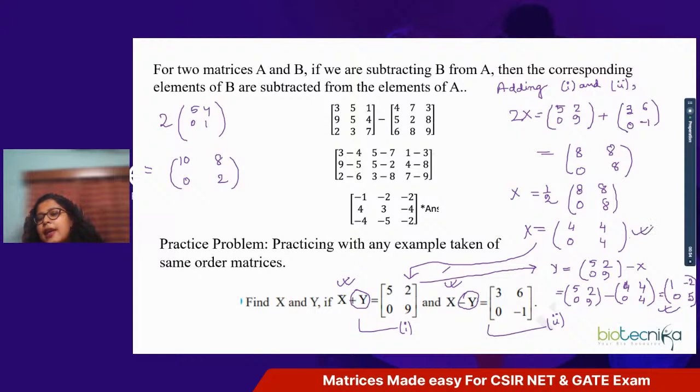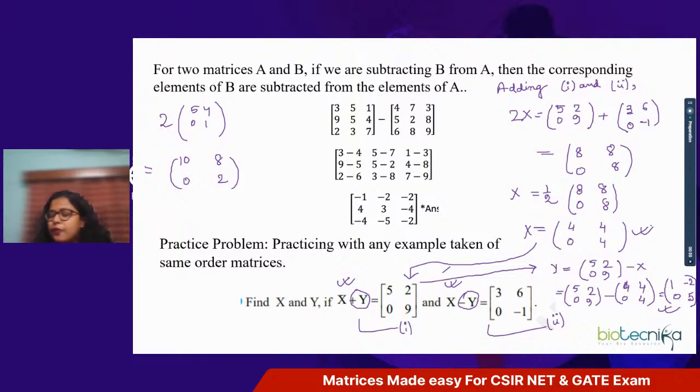This is the x that we got. Okay, so that is how you can do the addition and subtraction of matrices. There are a lot more applications of addition and subtraction of matrices, which we can discuss whenever there is a later session.